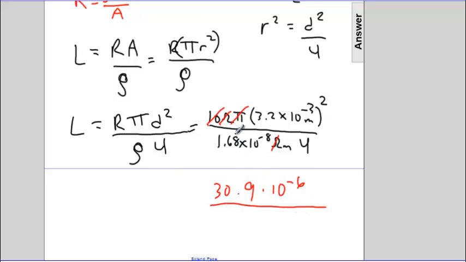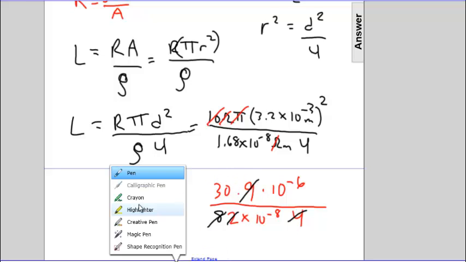Divided by 1.68. I'm just going to call that 2, times 10 to the negative 8. I just round everything. Divided by 4. What is 2 times 4? I'm going to call that 8. What is 9 divided by 8? Let's just call that almost 1.